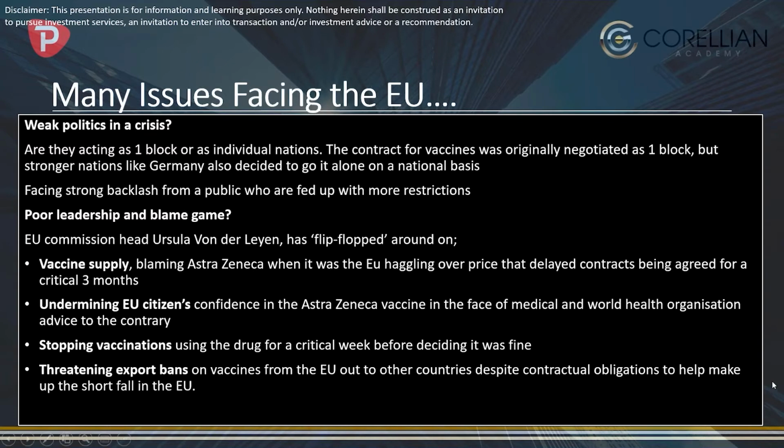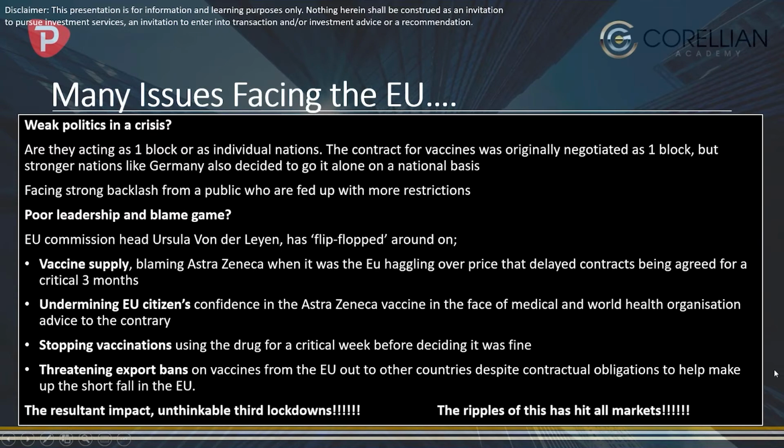So that's my rant over on the EU, but I think it has had an impact, and we have seen euro weakness and underperformance that we saw coming, due to the fact that we've got the opposite going on in the US. The resultant impact is that there was a real concern about a third lockdown.